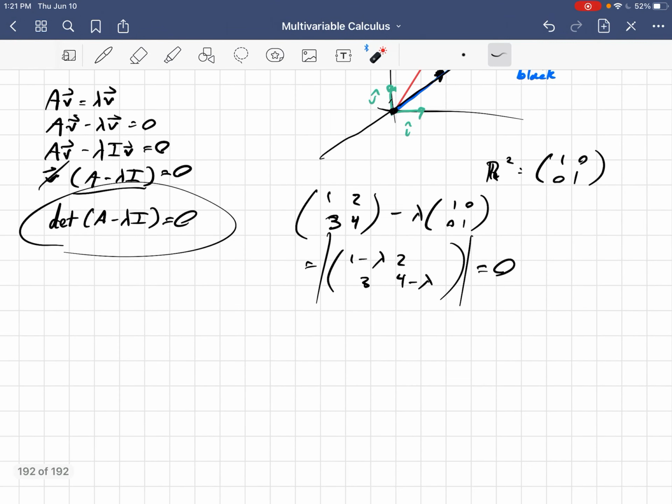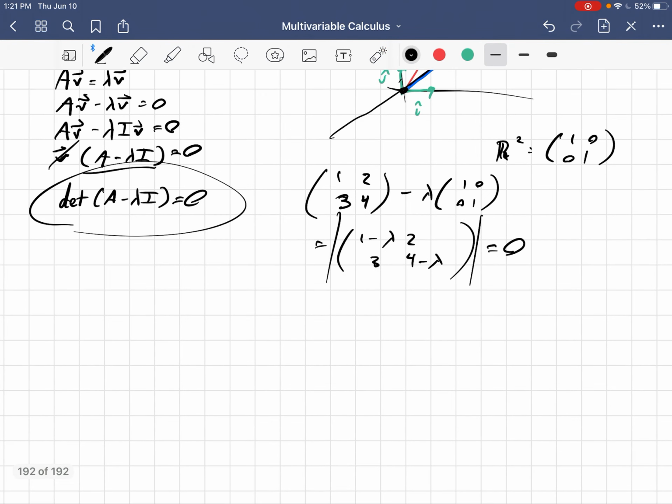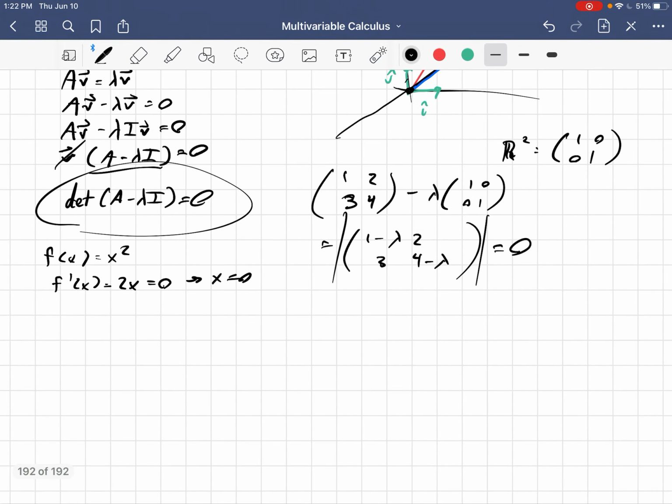And this is exactly what you're doing in the single variable calculus case, except it's kind of trivial. Let's say f of x equals x squared. You find critical points: f prime of x equals 2x, set it equal to 0, and we get x equals 0. We look at the Hessian matrix, but for a single variable function the Hessian is just the second derivative, so the Hessian matrix is just the number 2.